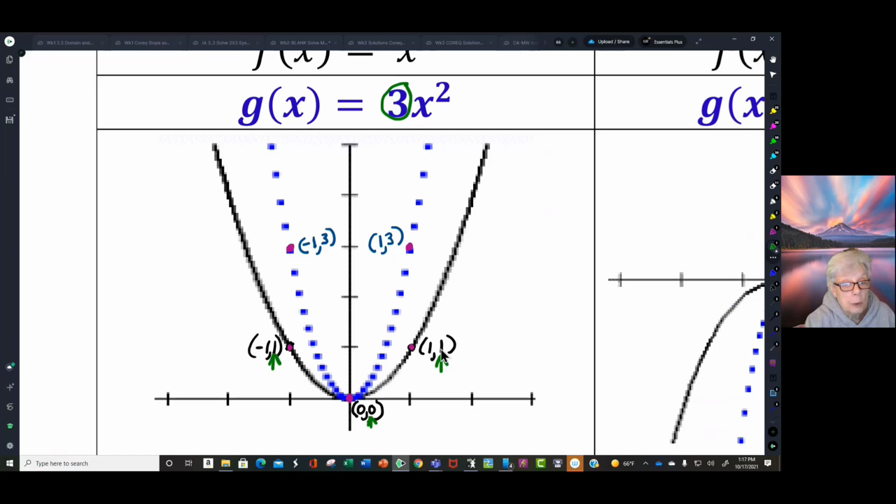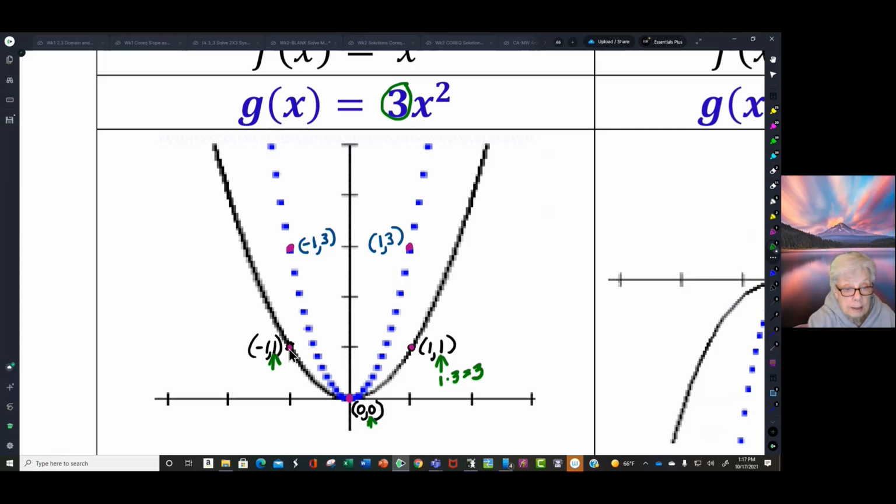Now, on the other hand, when you multiply 1 by 3, 1 times 3 equals 3, which means this point becomes this point. X is still 1, but y becomes 3.